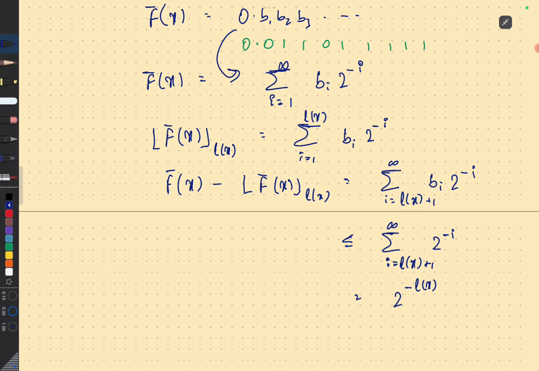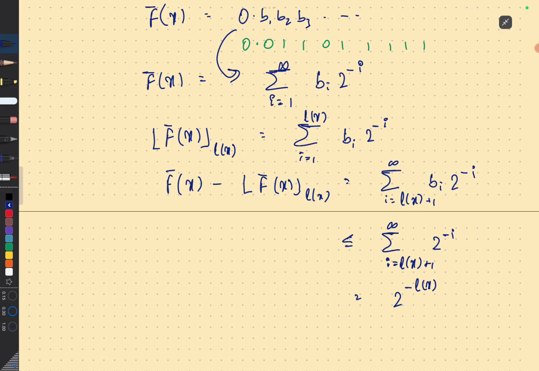Any questions? Okay, so since I'm truncating this to L of x bits, this quantity is greater than or equal to f bar of x plus p of x by 2 plus p of x prime by 2 minus 1 over 2 to the L of x minus f bar of x, just from that earlier calculation that we did.